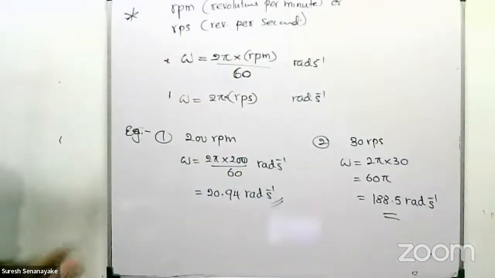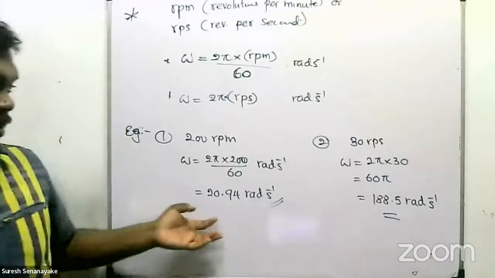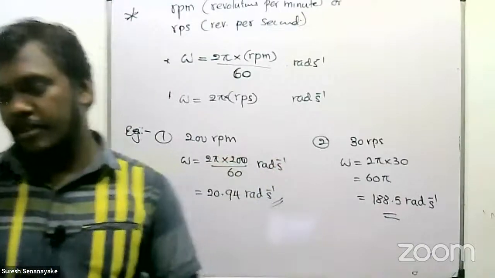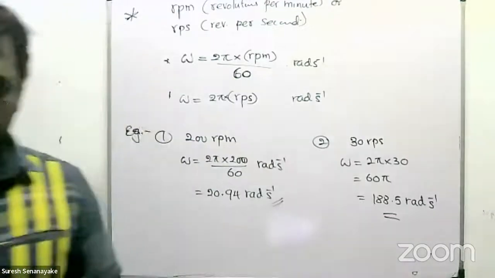That's the way, right? You need to convert it, RPM, RPS, and then the one question.